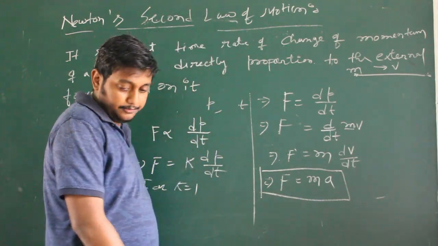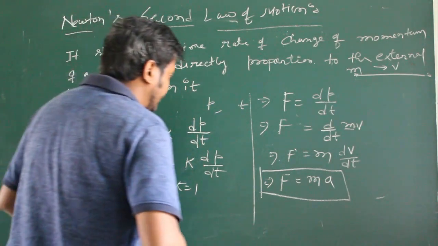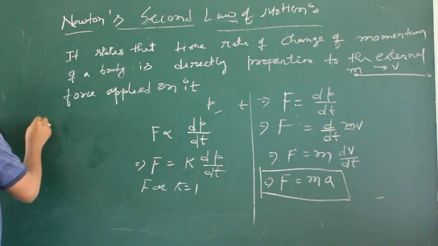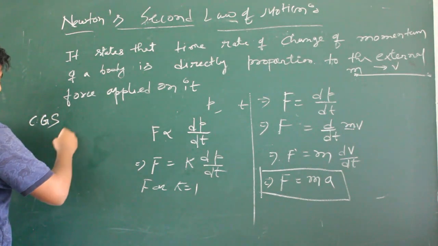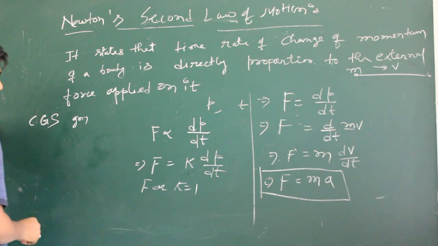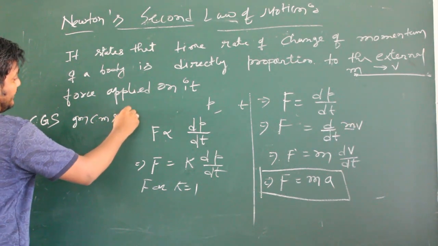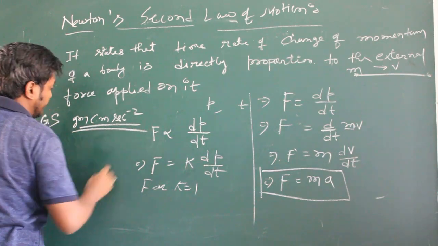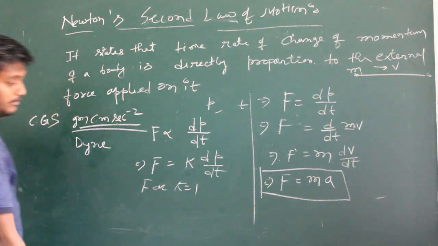Okay, now what will be the unit of force? Suppose we write in the CGS system, we know mass is in gram and acceleration in centimeter per second square. So in the CGS system, gram centimeter per second square, we write this unit as dyne.